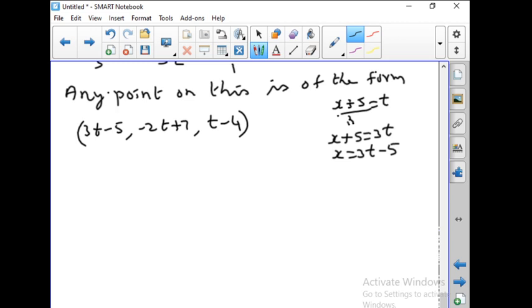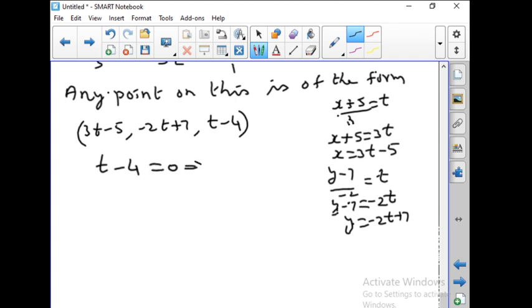Similarly, what about the next one? (y minus 7) by minus 2 is equal to t. So y minus 7 is equal to minus 2t. So y is equal to minus 2t plus 7. This is how we get the third one also. Now it is given z is equal to 0. So we have t minus 4 is equal to 0, which gives us t is equal to 4. Now substitute t is equal to 4.